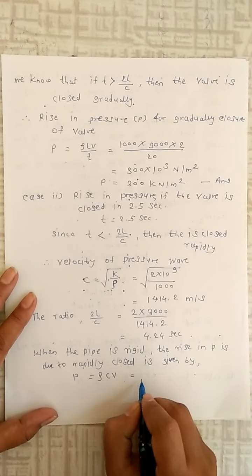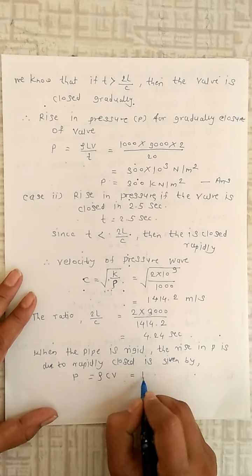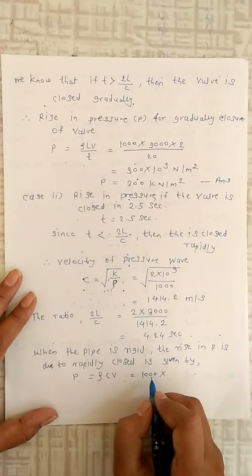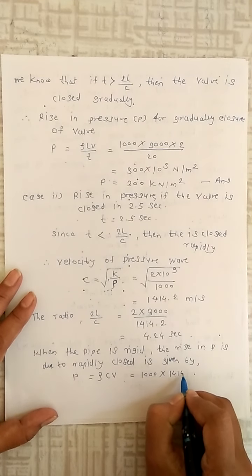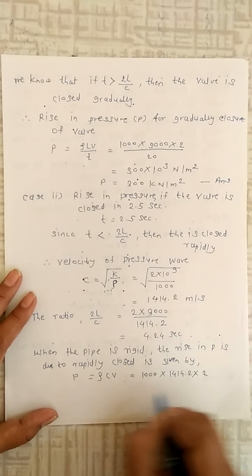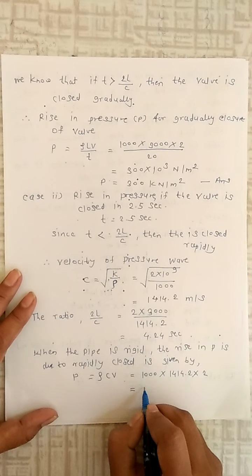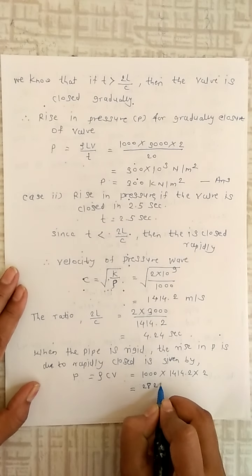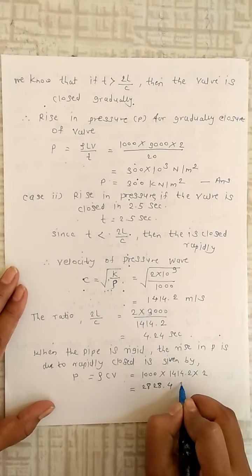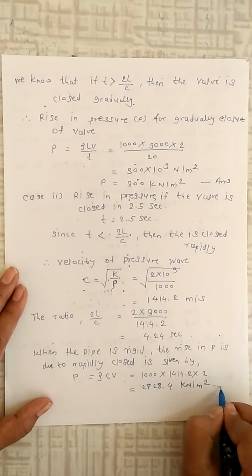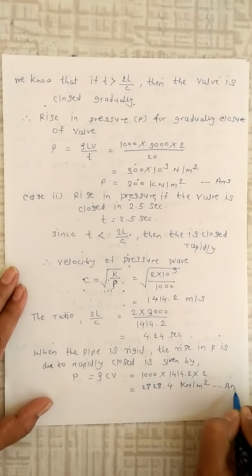Okay, so we put the terms: density for the water is 1000 kg per meter cube, C, the velocity of a pressure wave, is 1414.2, and velocity of the water is 2 meter per second. So we get the answer 2828.4 kilonewton per meter square. So this is our second answer.